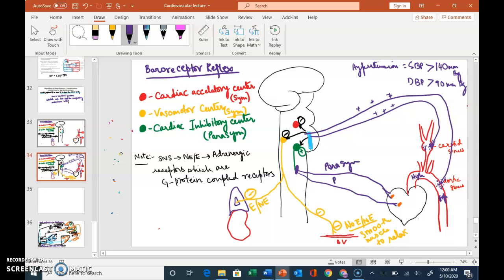These parasympathetic neurons will release acetylcholine, which will ultimately lead to decreased heart rate and decreased blood pressure. All right. So this is one pathway. This is another pathway. And this is a third pathway. Okay. All right. So this is the baroreceptor reflex affecting hypertension.